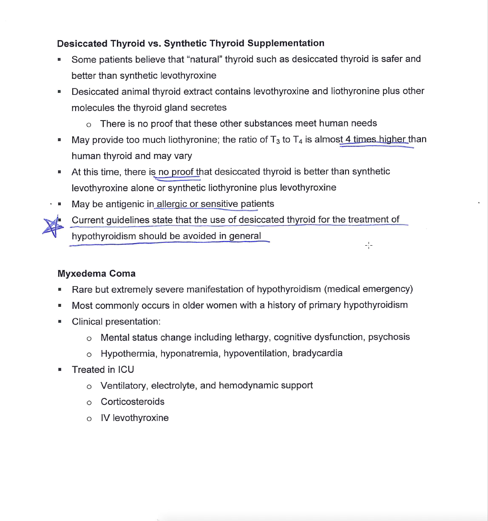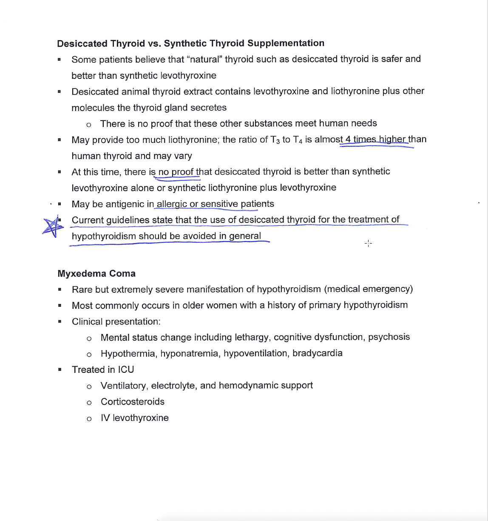All right, so finally, again, going back to the point, desiccated thyroid versus synthetic thyroid supplementation. I put it here because this is one of the questions I hear a lot from our providers and also patients, that they think that desiccated thyroid, Armour Thyroid, is better because it is a natural thyroid, so they think that it can be safer and better than synthetic levothyroxine.